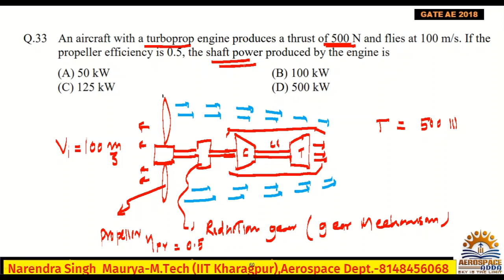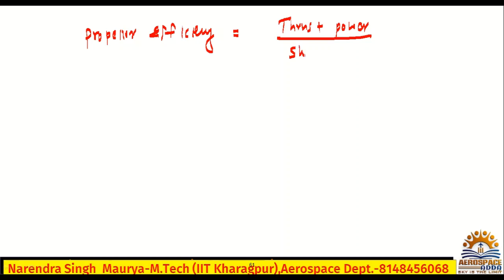Because propeller efficiency is given, I will write the propeller efficiency formula. It is a formula based problem only. Propeller efficiency is thrust power divided by shaft power.